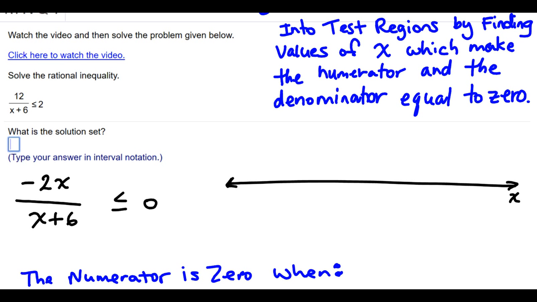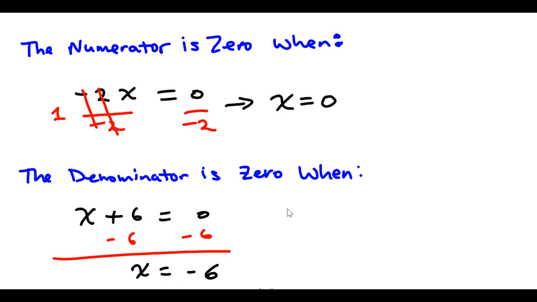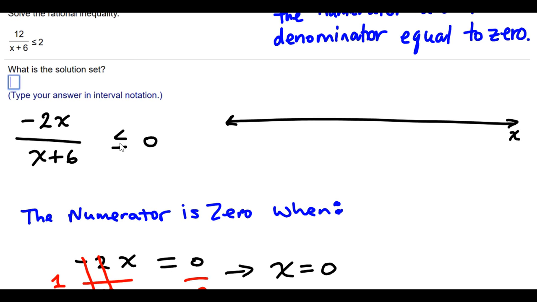I'm using my critical values here, x equals 0 and x equals negative 6, to split that up. So let's say this is negative 6 and say this is 0. I'm actually splitting up into regions with those as dividing lines.